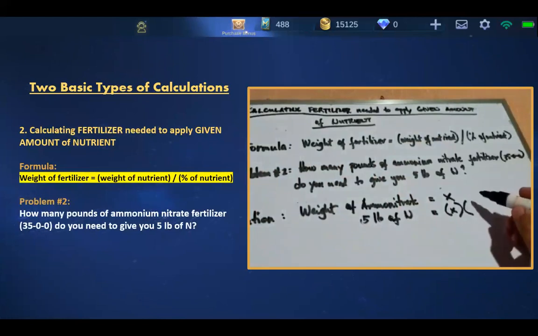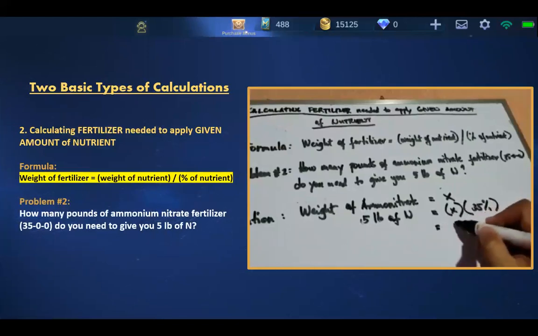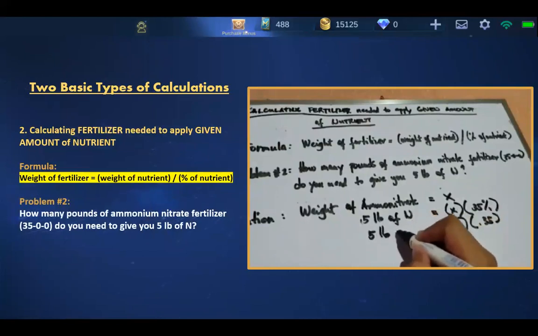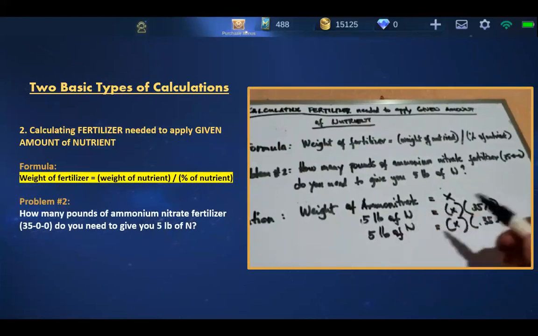Again, we need to convert 35% into a decimal, so that is 0.35.